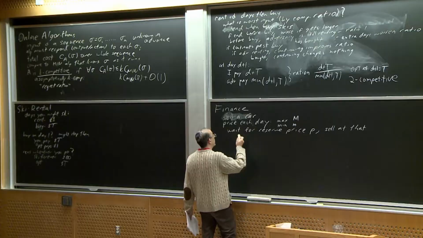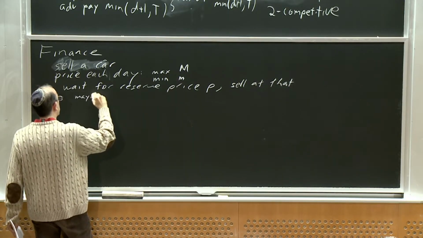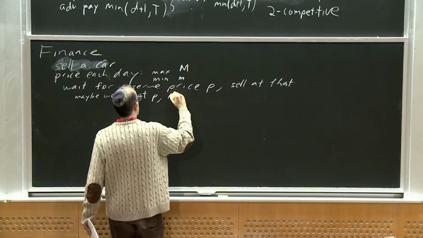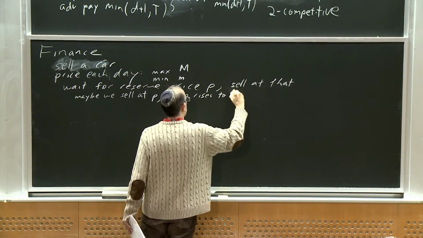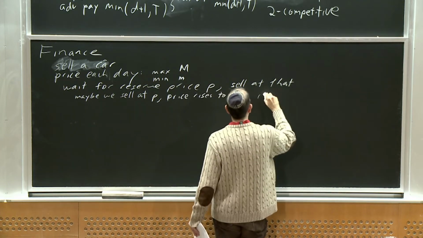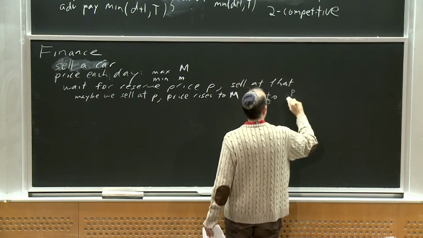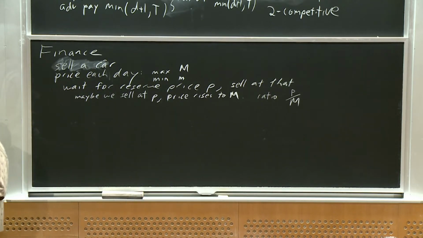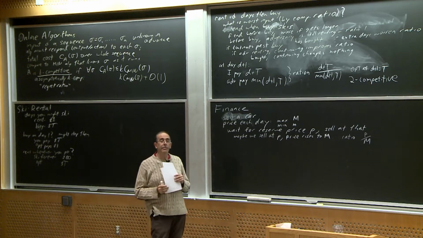So one possibility is that we sell at P, but the price rises to M. Right? So the ratio that we achieve is P divided by that large M. Right? What else might happen?